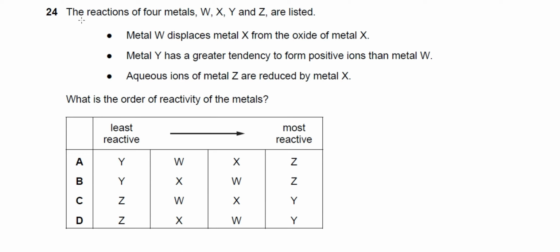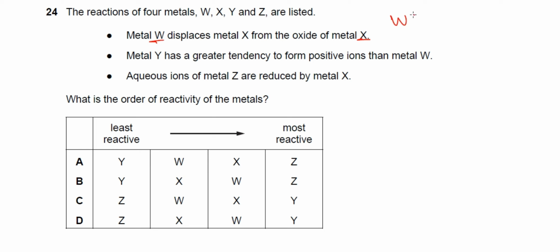24. He says the reactions of 4 metals W, X, Y and Z are listed. Metal W displaces X from the oxide of metal X. It clearly means when some metal is displacing the other one from its oxide, W is more reactive.